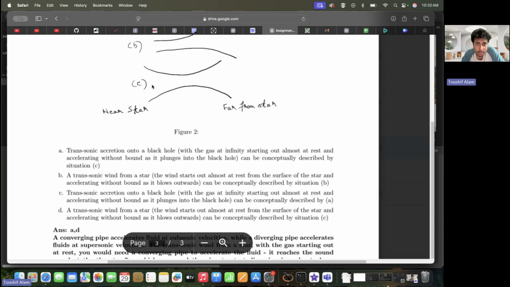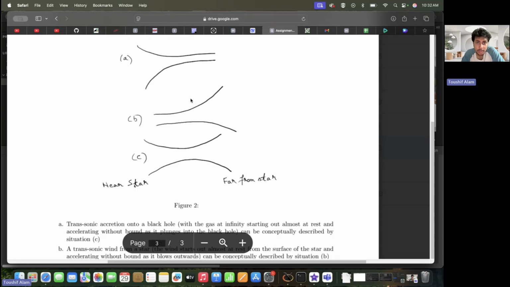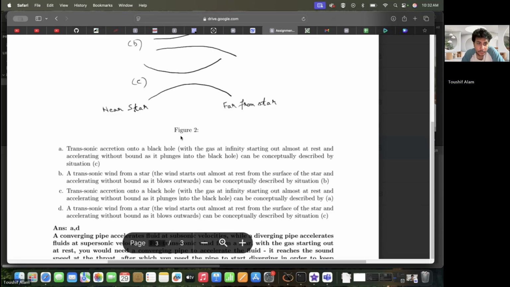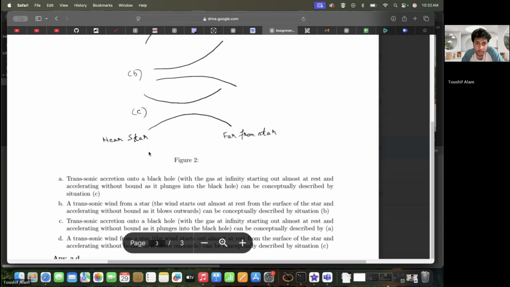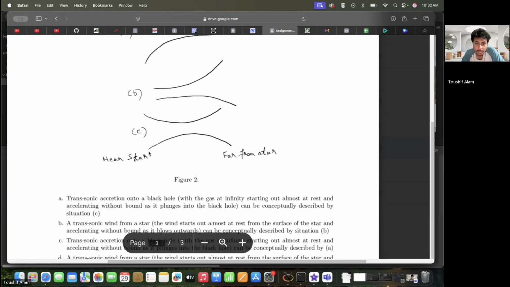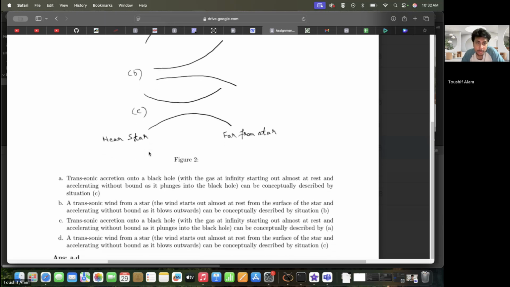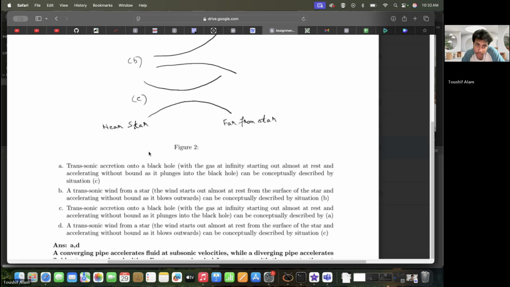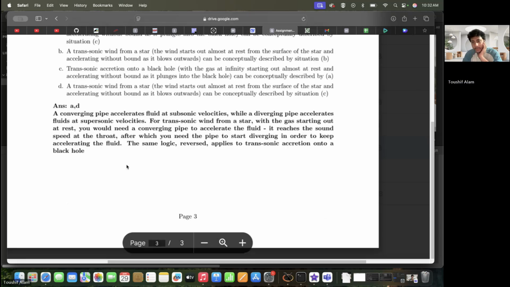So this is correct. This is the typical de Laval nozzle. The reverse is true. So we have to like this. So I'll give you some time.